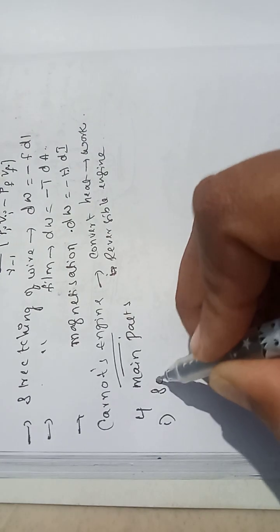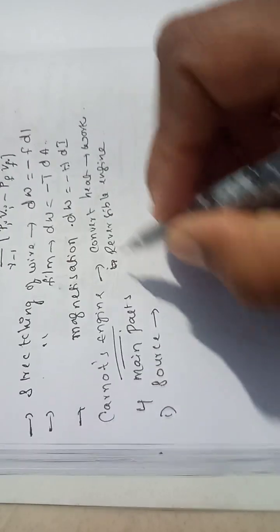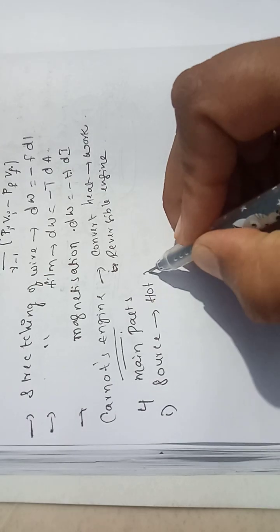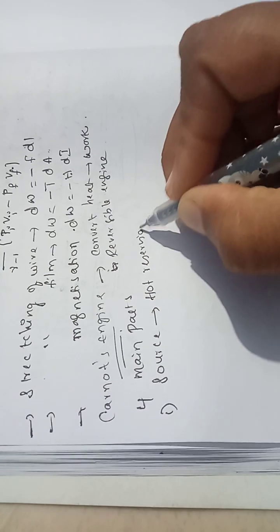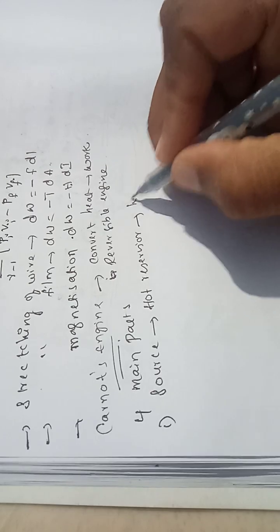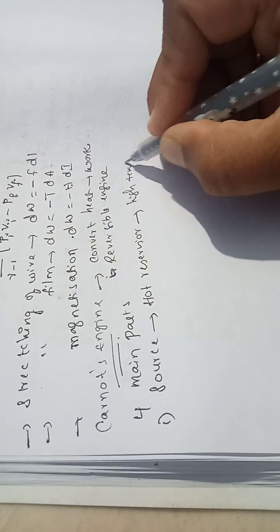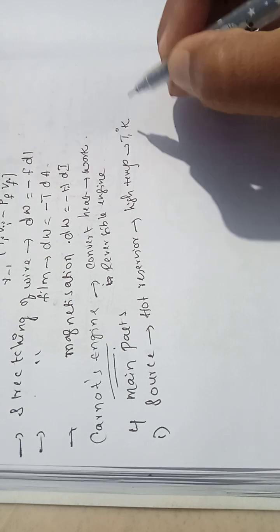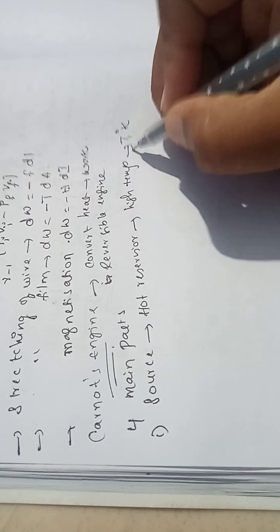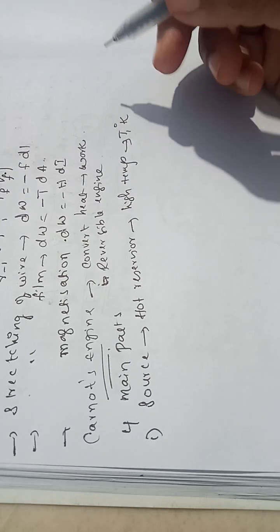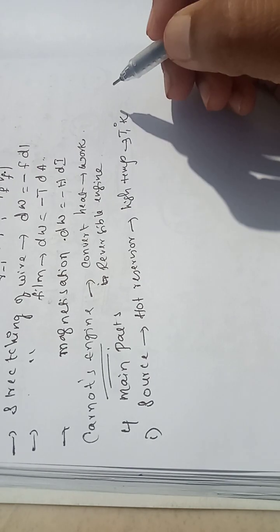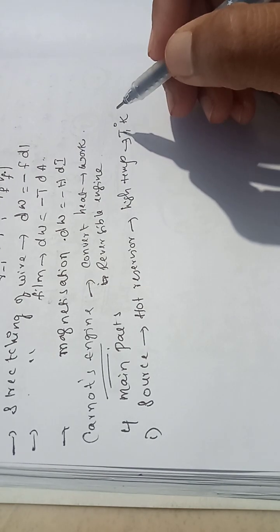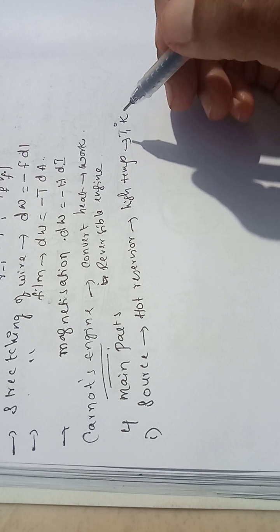First we call it the source. Also we can call it the hot reservoir, maintained at a very high temperature. Its temperature is T1 Kelvin. The temperature is so high that if you add or remove some heat, you will not find any change in it.